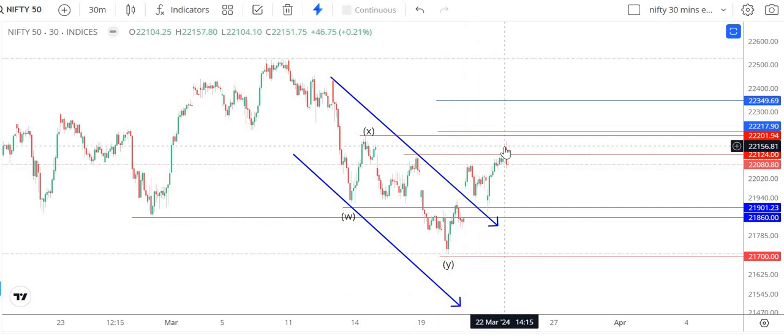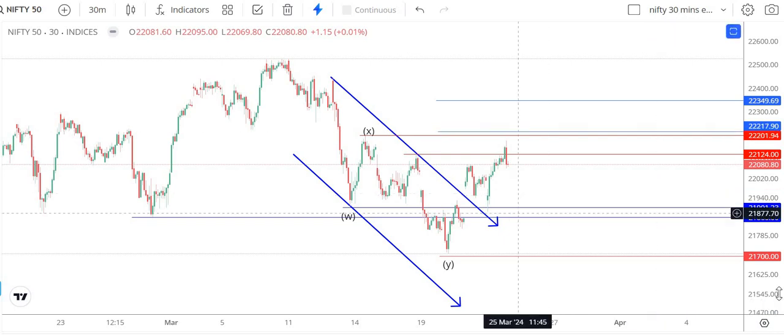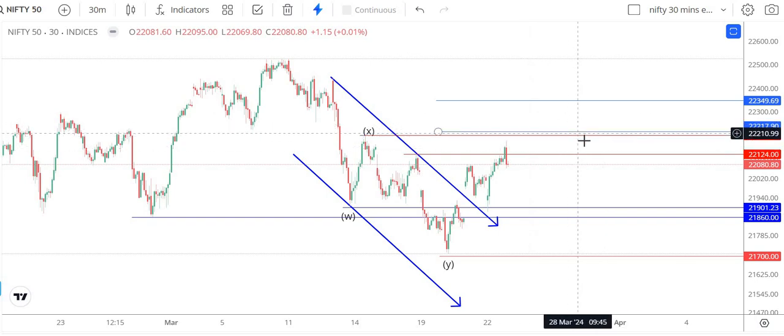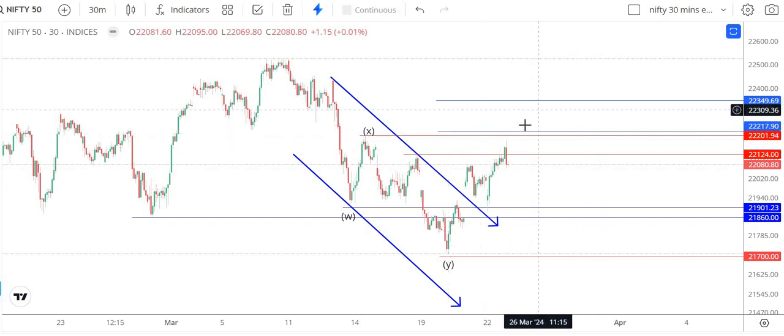Take this upside as a second corrective leg, with these resistance zones on the 30 minutes chart. And if this is breached, then only a bear leg may begin. Else, until B is over to the upside, we can then catch C's top. But we need to be clear about the B wave first.